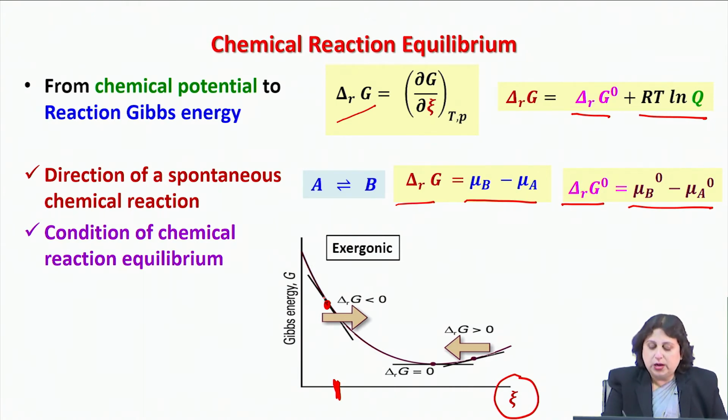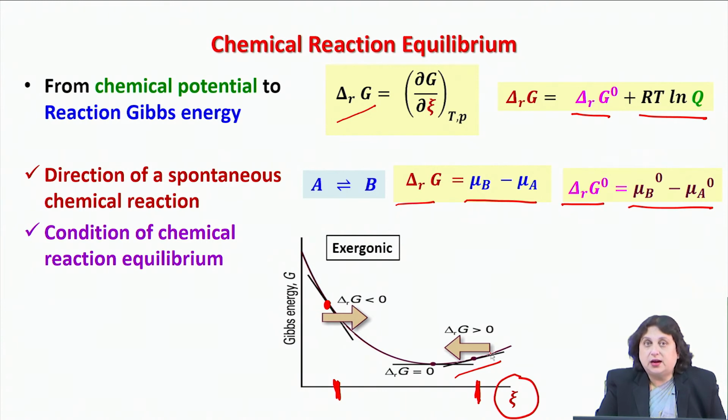However, if you are looking at a reaction mixture of A and B at this value of xi, from the plot of G versus xi you see that at this stage the slope is positive, which means if I want to carry out the reaction A to B, this will be associated with a net increase in the Gibbs free energy.